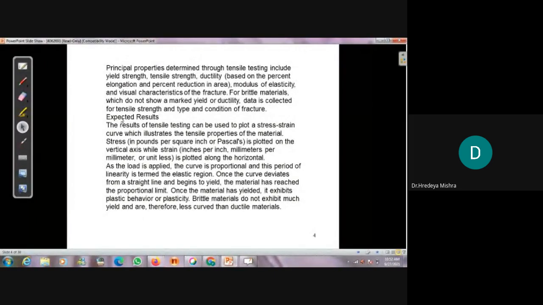Data is collected for the tensile stress and type of deformation.